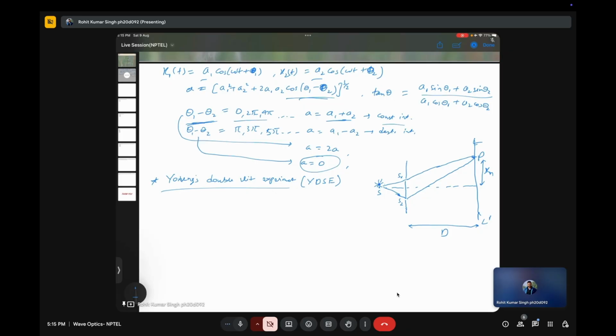And this you can translate into path difference. So we know that phase difference and path difference are related by 2 pi by lambda, right?